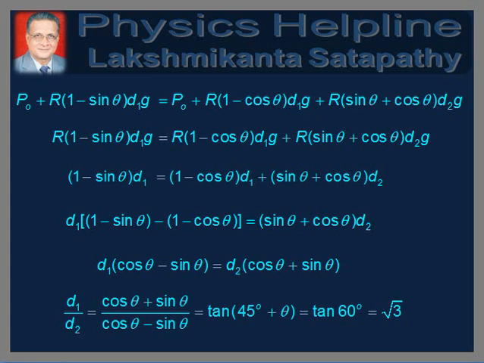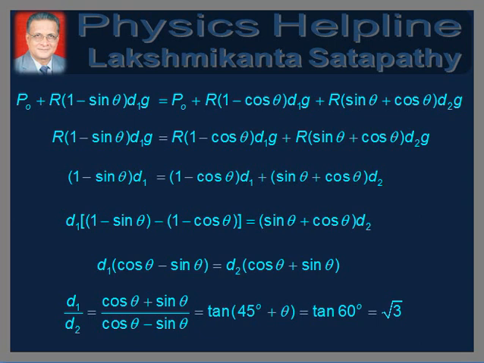Removing P0 from both sides and dividing throughout by R g, we get (1 minus sin theta) into D1 equal to (1 minus cos theta) into D1 plus (sin theta plus cos theta) into D2, or D1 into [(1 minus sin theta) minus (1 minus cos theta)] equal to D2 into (sin theta plus cos theta), which implies D1 into (cos theta minus sin theta) equal to D2 into (cos theta plus sin theta), or D1 by D2 equal to (cos theta plus sin theta) divided by (cos theta minus sin theta).